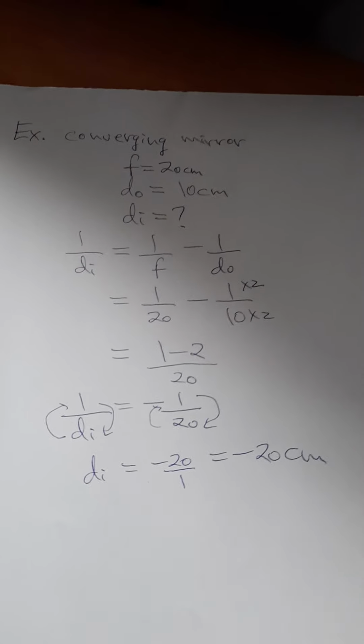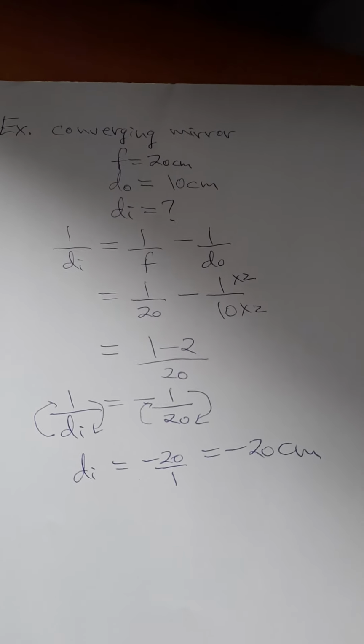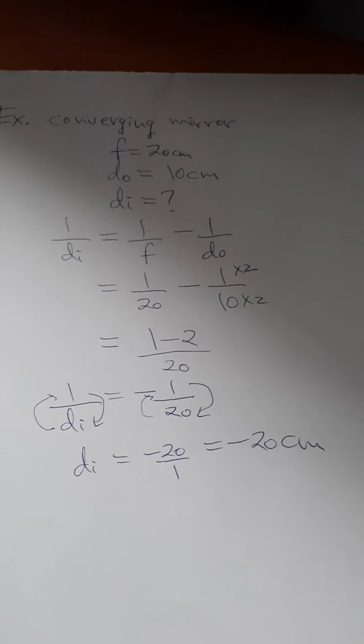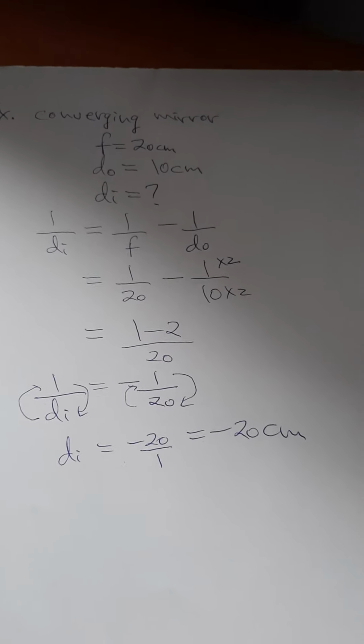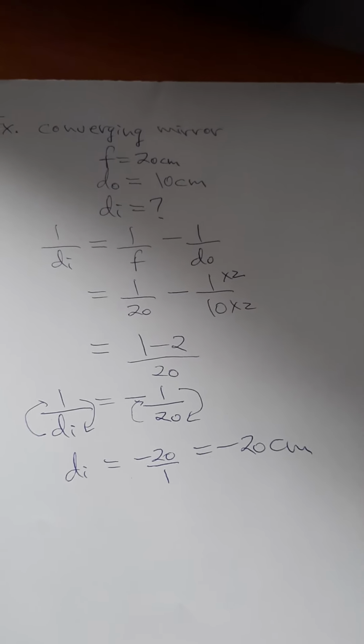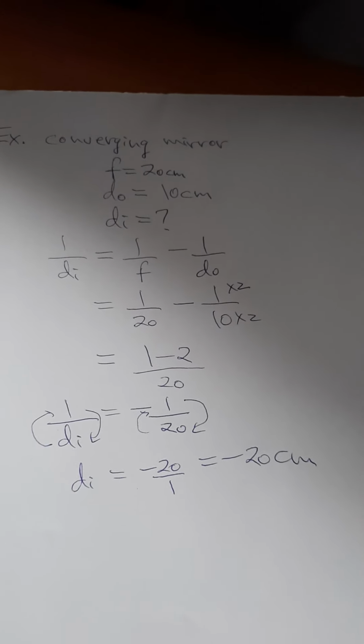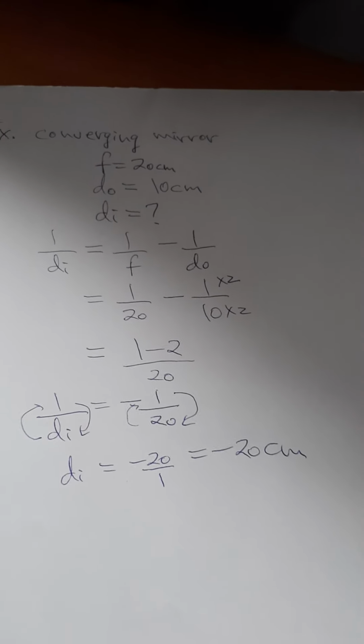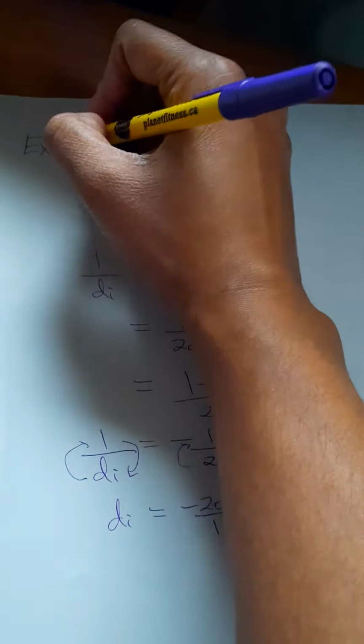Therefore, the distance of her image from the mirror is going to be negative 20 centimeters. The reason the distance of the image is negative here is because it's being formed on the opposite side of the mirror. So here I'm just going to put A.